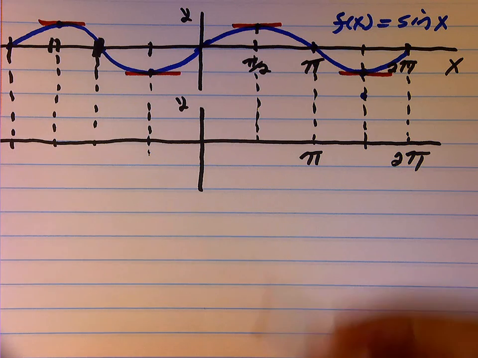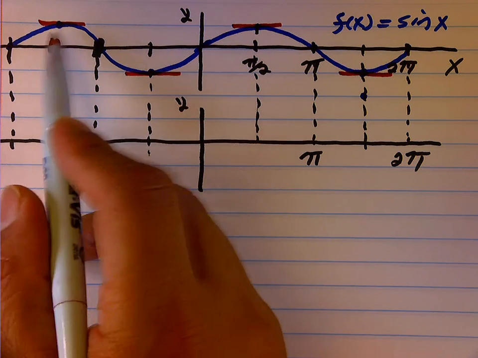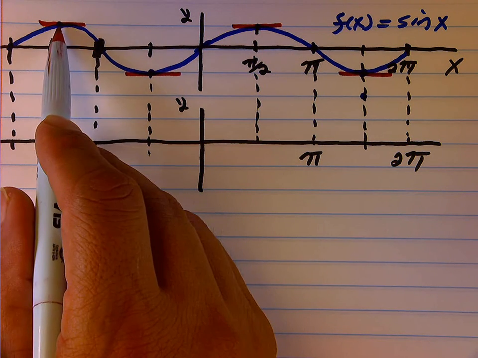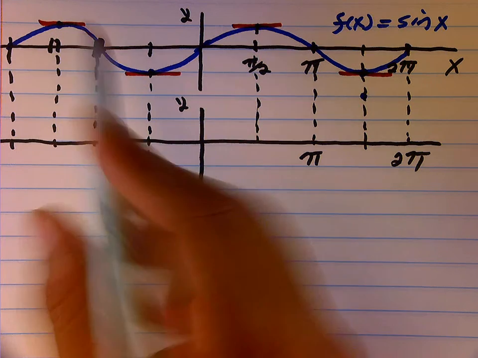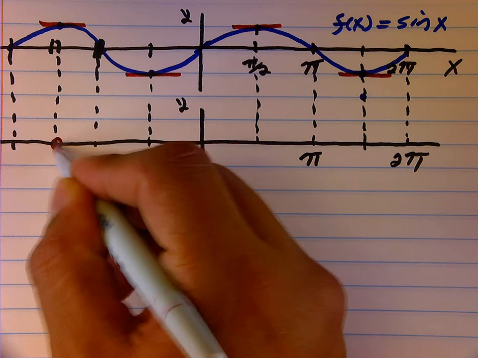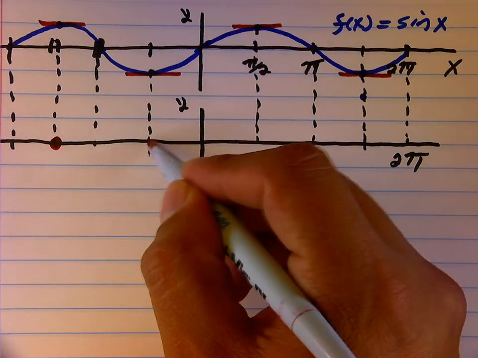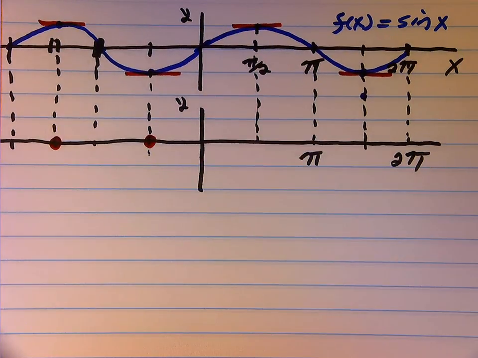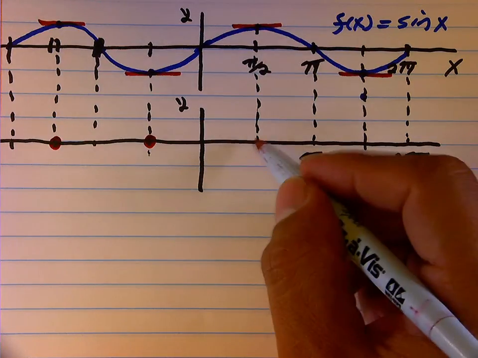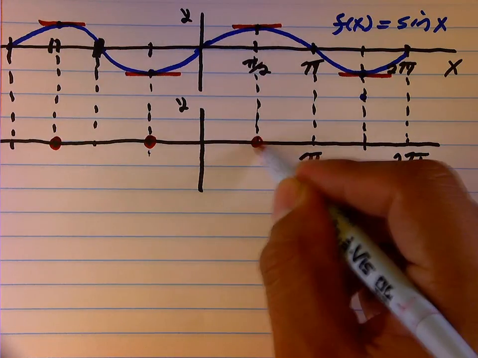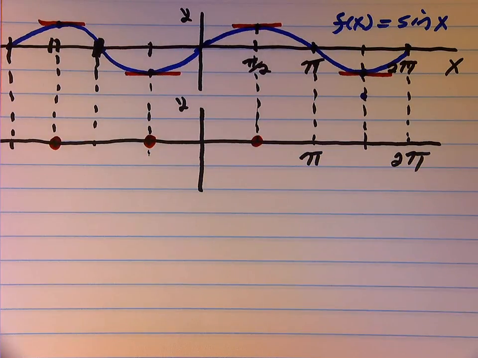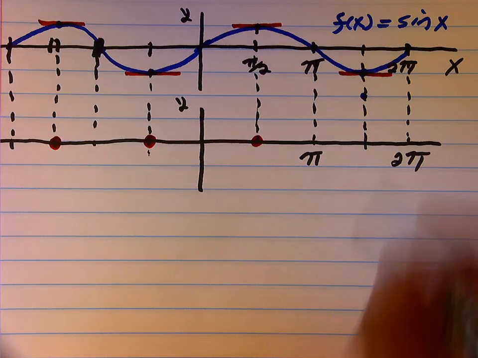locations. So at this x location here, which is negative 3 pi over 2, the derivative I know will be 0. At negative pi over 2, the derivative will be 0. At positive pi over 2, the derivative will be 0.